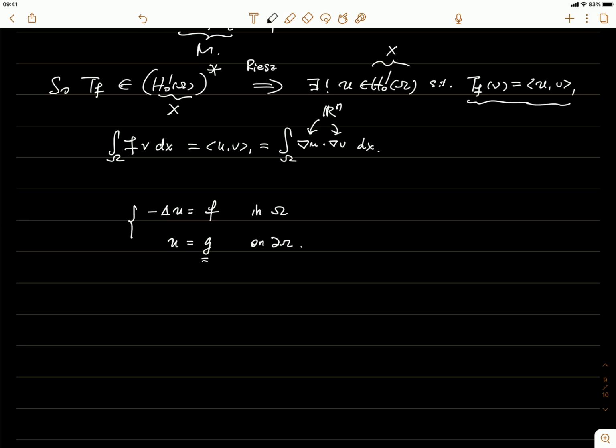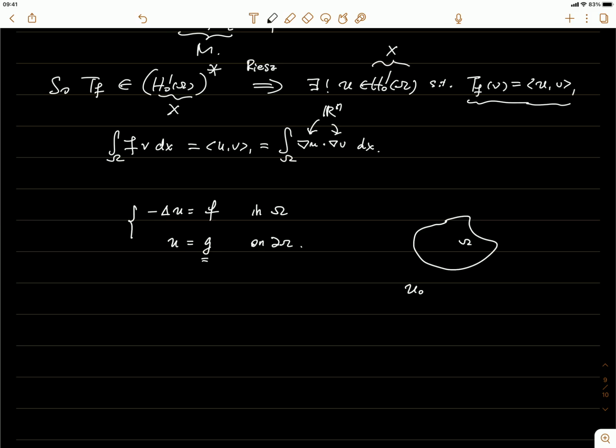Since g is given on the boundary of this Ω, you first try to find some function u_0. You don't care whether it satisfies the PDE itself, the Poisson equation itself.